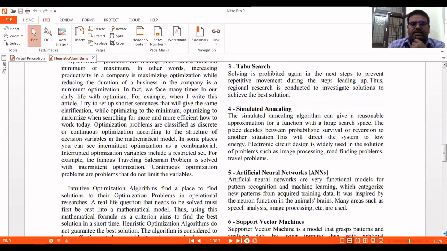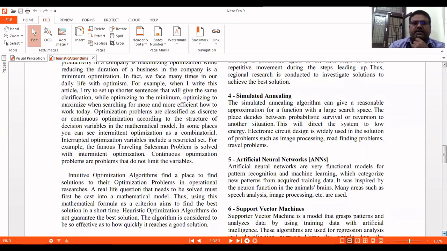Optimization algorithms find a way to reach a solution to the optimization problem. In operations research, real-life questions that need to be solved must first be turned into a mathematical model, using mathematical formulas as criteria, aiming to find the best solution in a short time.